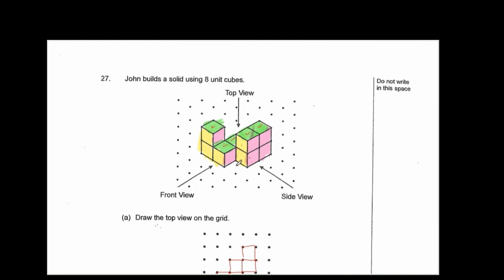And the side view is just 6 blocks. Right, the front is like that. Then from the side, it's like that. We can add here 1, 2.